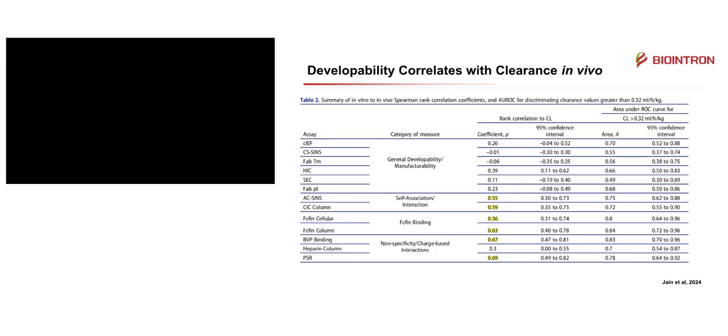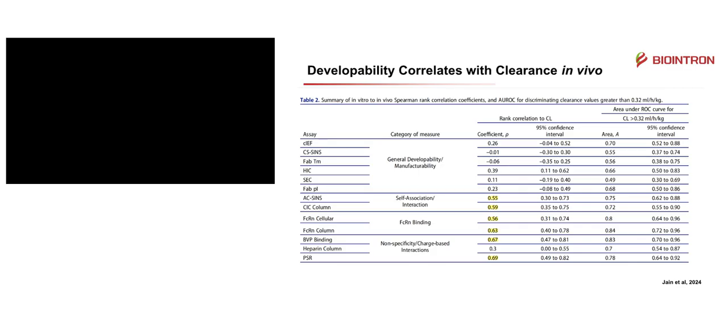And I want to show you there are a lot of studies statistically showing a lot of different assays have a correlation with the PK performance of molecules in vivo. For example, the self-association index, which was performed by the assay called ACSINS, has a pretty good correlation coefficient, 0.55.